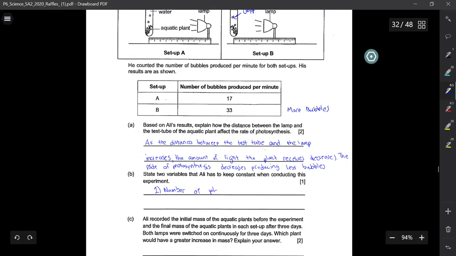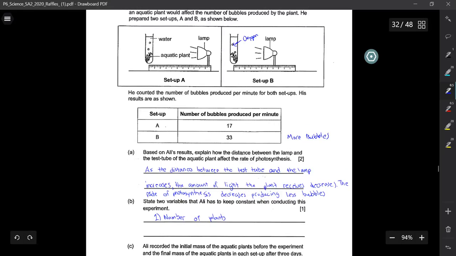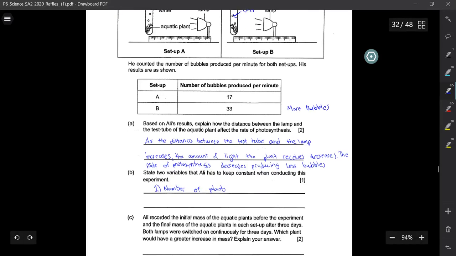Right, so that's one. That's one variable because if there's more plants, then more photosynthesis will occur, meaning more bubbles. Right? And then two, the intensity of the light of the lamp, right?